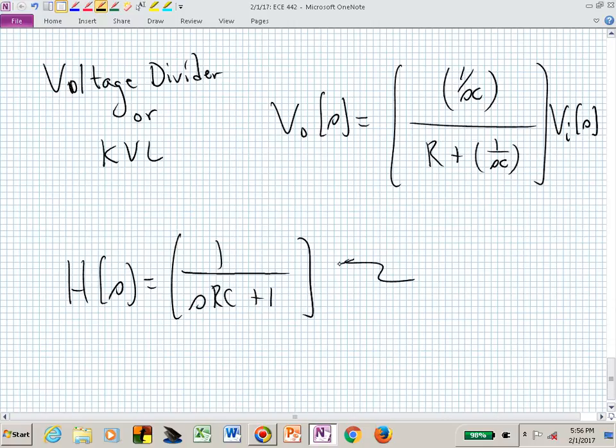This is now our low-pass filter that you should be able to derive on a napkin in an interview until you get a job, right? And maybe even beyond. Until you retire, you should be doing this, or able to do this.